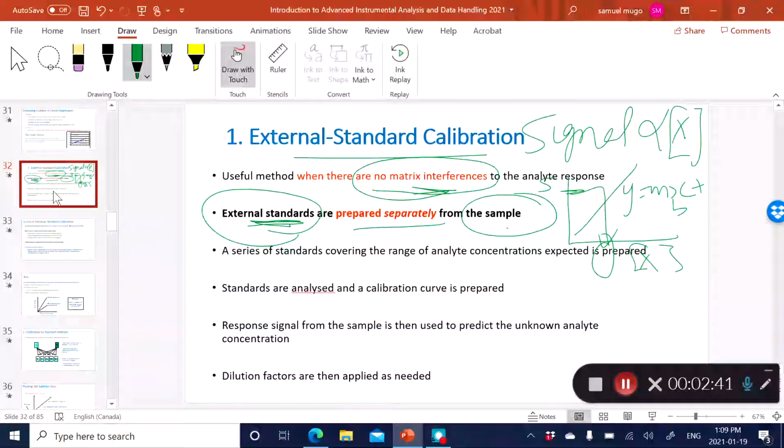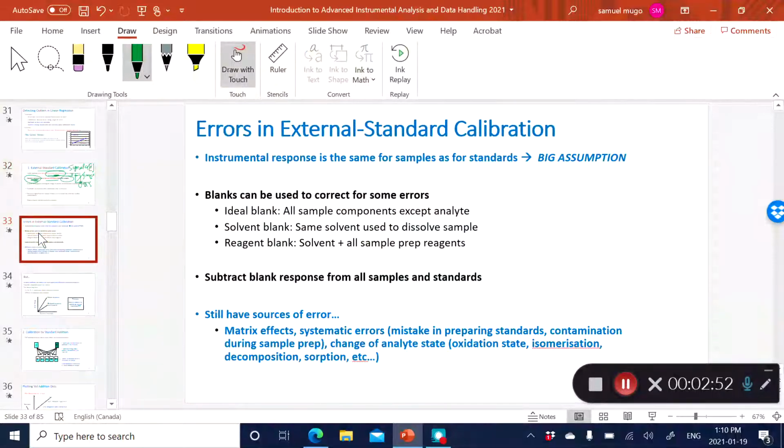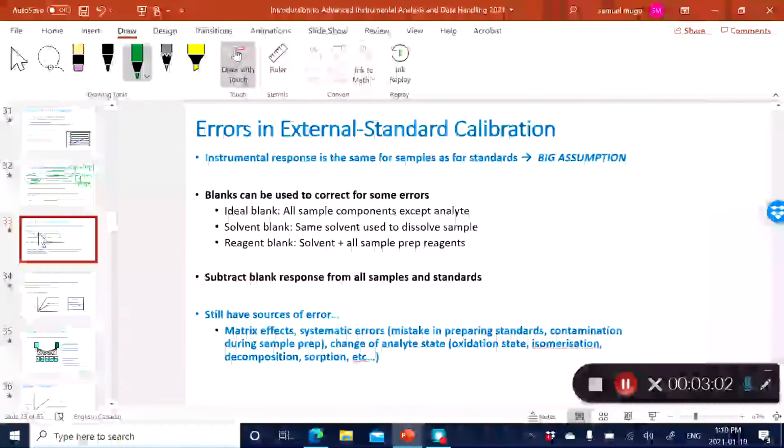And so to solve the problem of matrix interferences, you have to use a different type of calibration method. And the calibration method that you can use to solve for matrix effect is what we're going to talk about, standard addition calibration.